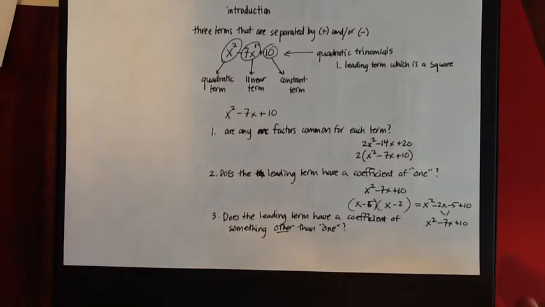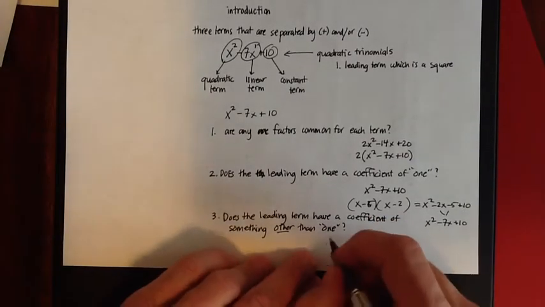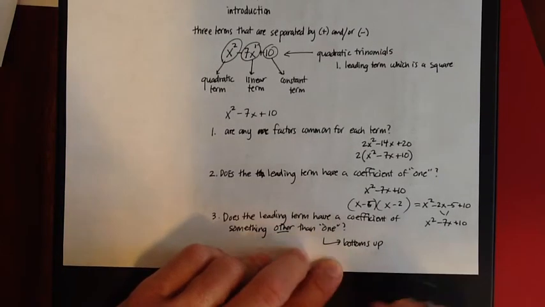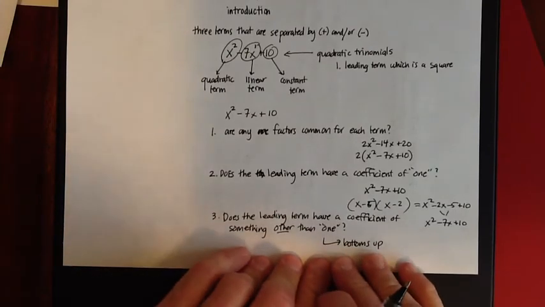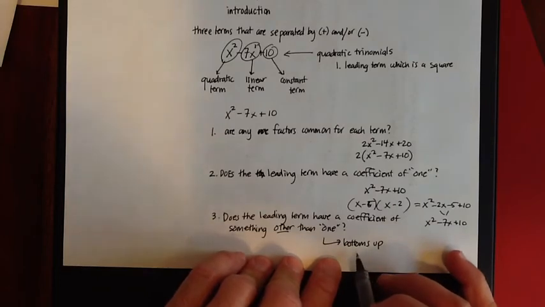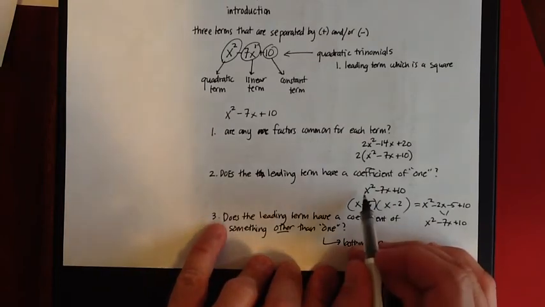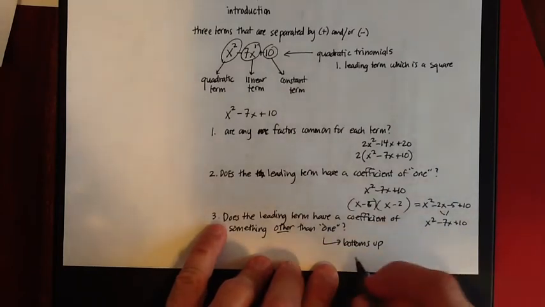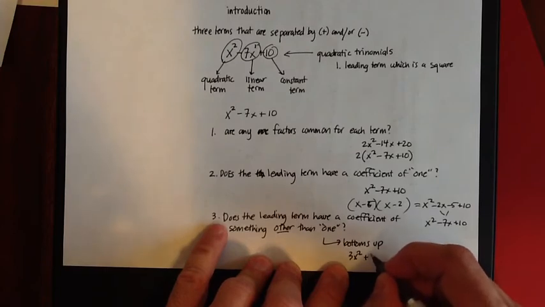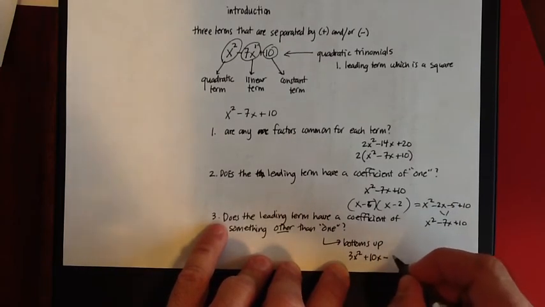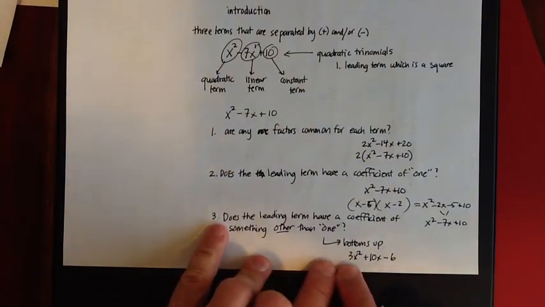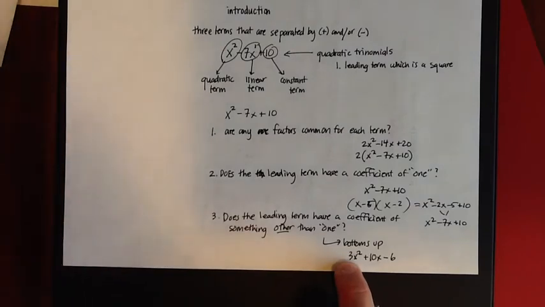And if it does, you're going to use a technique called the bottoms up. Now, some teachers don't like to use the bottoms up because they don't think it's mathematically sound. Actually, it is. But I'm going to show you that in a different video because it's a rather long process. But you just look for a leading coefficient that's other than 1. So for example, something like 3x squared plus, let's say 10x minus, let's go with 6. Okay? That would be an example of a leading term that has a number other than 1 for a leading coefficient.